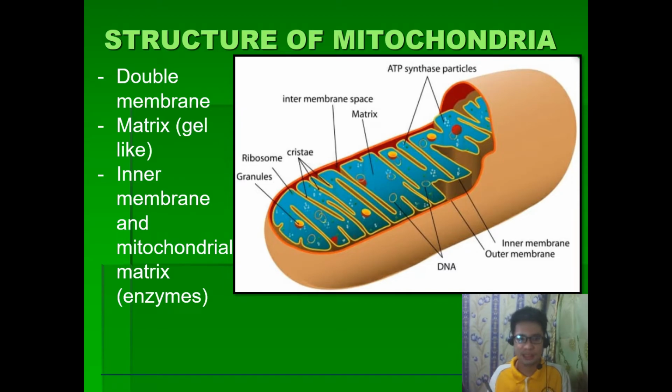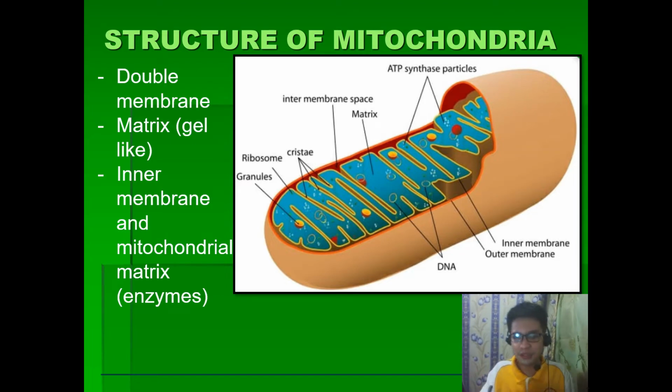It has a matrix, or a gel-like substance inside. The inner membrane and mitochondrial matrix contain the enzymes that are essential for cellular respiration to happen. That's why mitochondrion is associated with cellular respiration and is considered the powerhouse of the cell, because of its association to energy-producing cellular respiration.